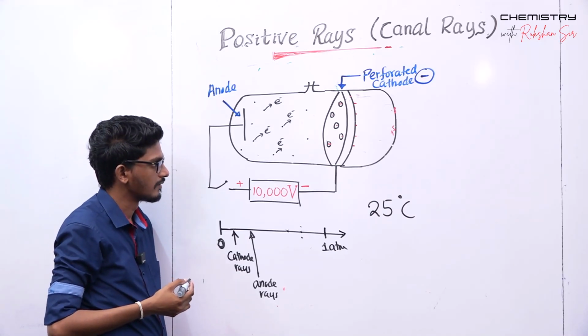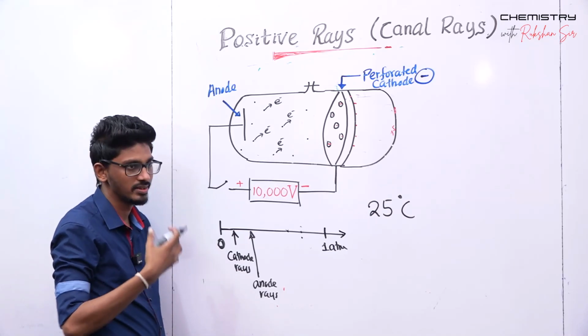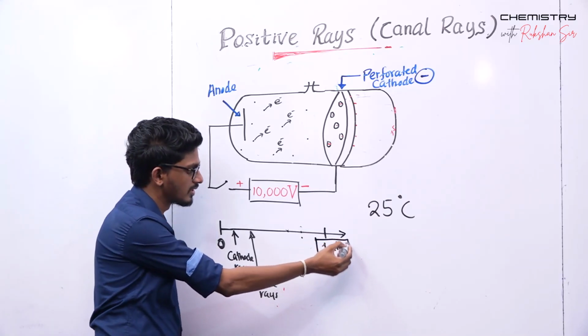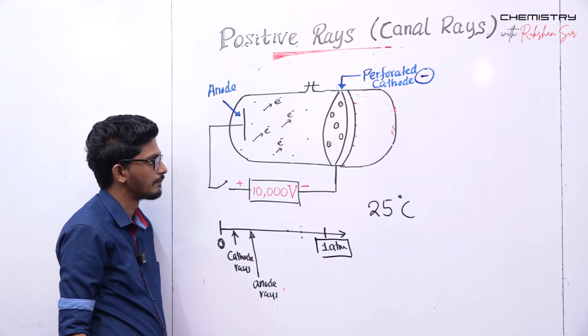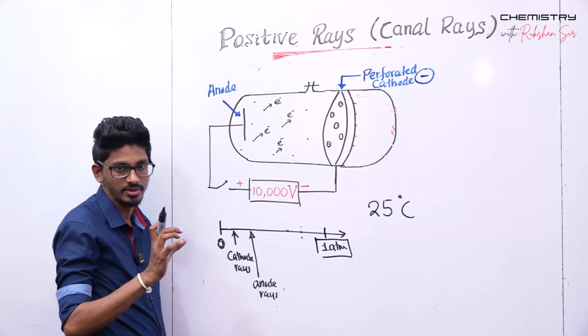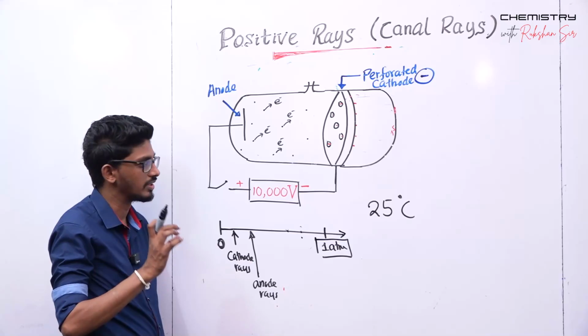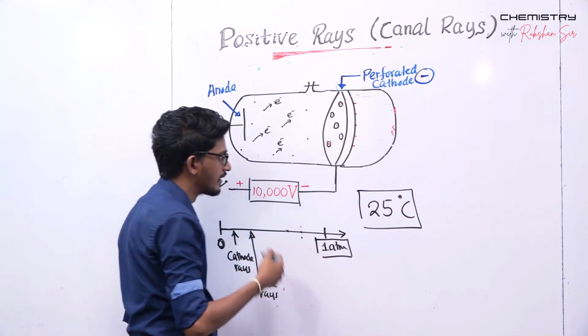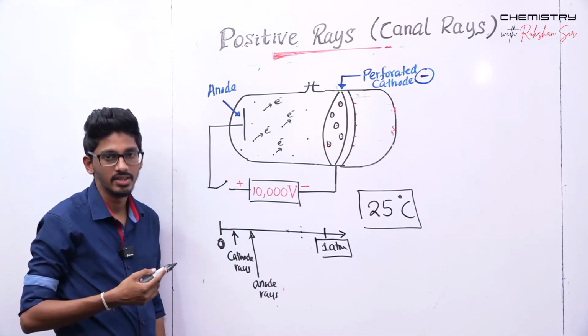We won't see this kind of ionized gas particles at normal 1 atm pressure, but in very low pressures this will happen.